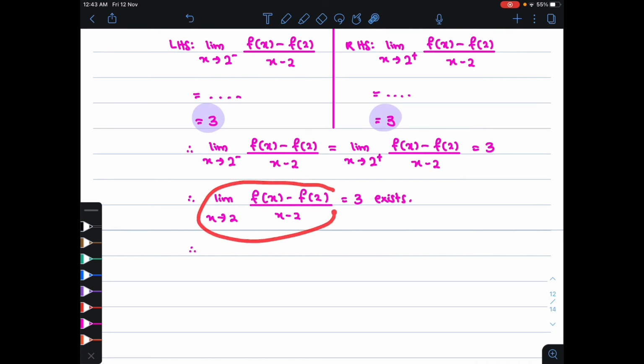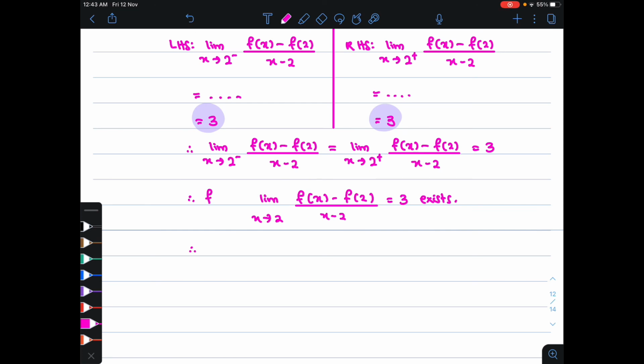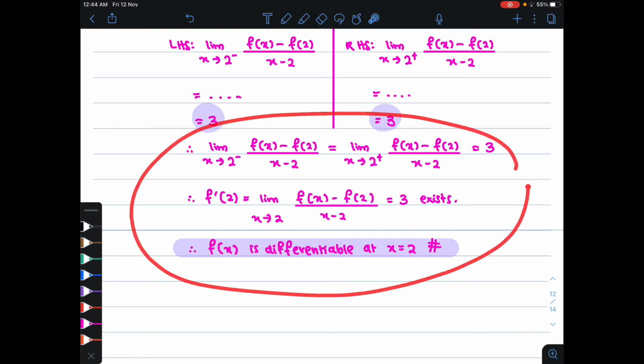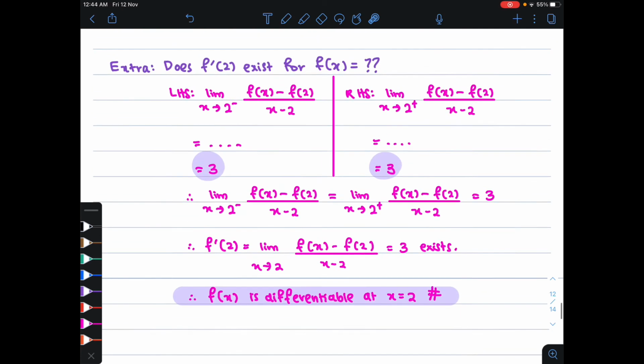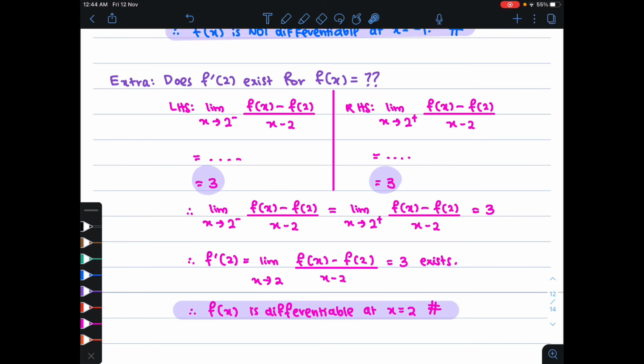So what is this limit actually? This is the same as f prime of 2. So you'll get f prime of 2 is equal to 3. And therefore, f(x) is differentiable at x equal to 2. And that is how you write the conclusion for a function when it is differentiable at x equal to 2.